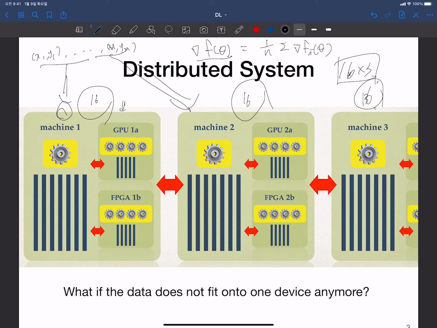Okay? So from now on, I will introduce how to reduce such a message size, or how to make the message passing frequency rarer. So currently we are considering the gradient descent algorithm. At every gradient update, we have to communicate all the information, but it is possible to make a system that communicates every 10 iterations or every 20 iterations.